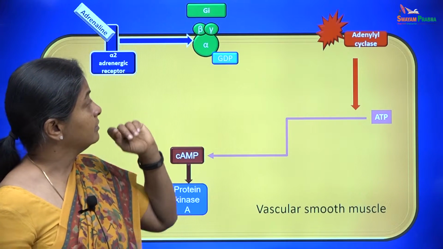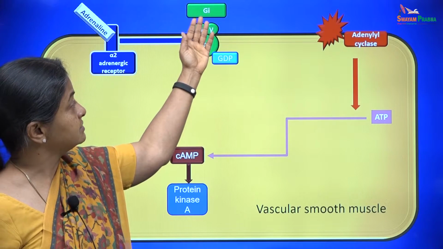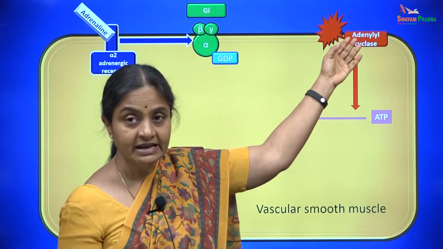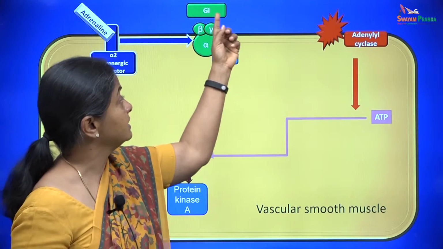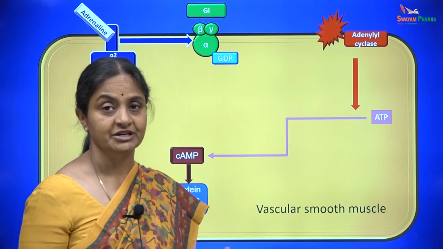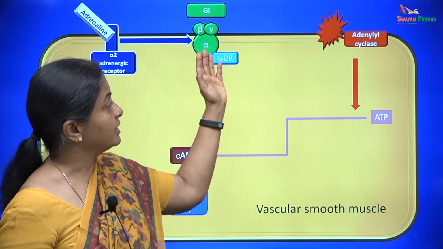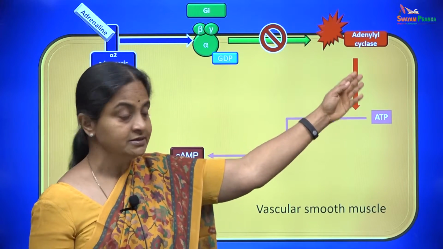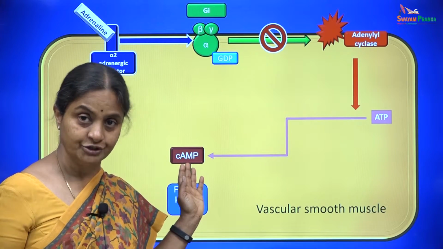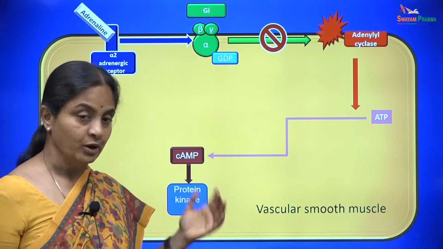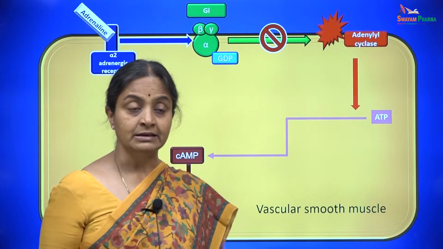And the effect of the Gi subtype of G-protein is to inhibit the enzyme adenylyl cyclase. The I there stands for inhibitory. And when adenylyl cyclase is inhibited, the levels of cyclic AMP in the vascular smooth muscle cell reduces. What may the final response be?